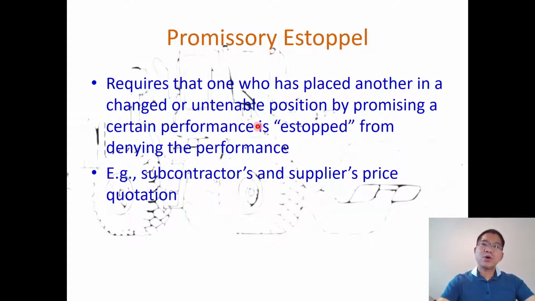The concept we call promissory estoppel. What does that mean? It requires that one who has placed another in a changed or untenable position by promising a certain performance is estopped from denying the performance. An example is a subcontractor or supplier's price quotation.